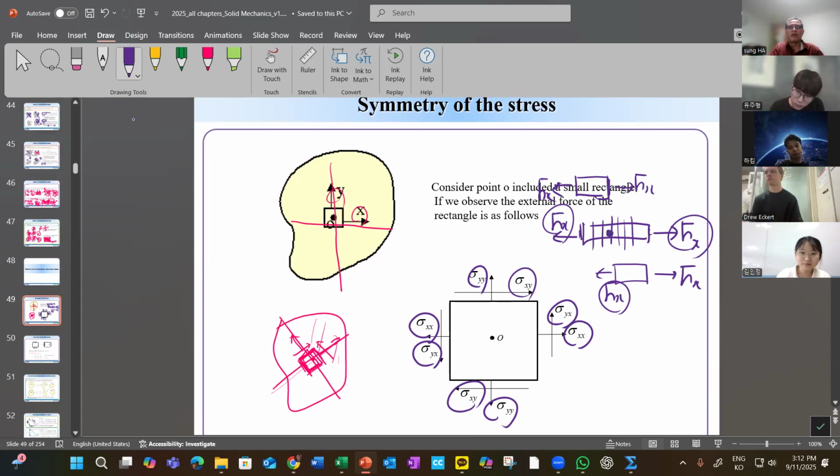When we cut here, we can see this is fx, or we can cut here. If we look at the right-hand side, there will be an fx. So of course, this fx and fx is very similar to the concept of action and reaction.